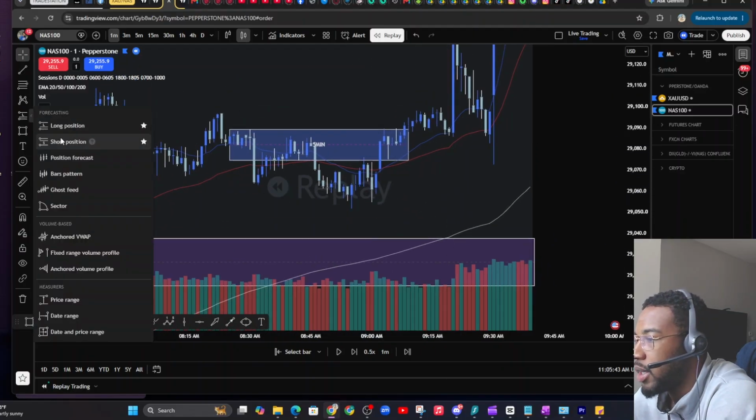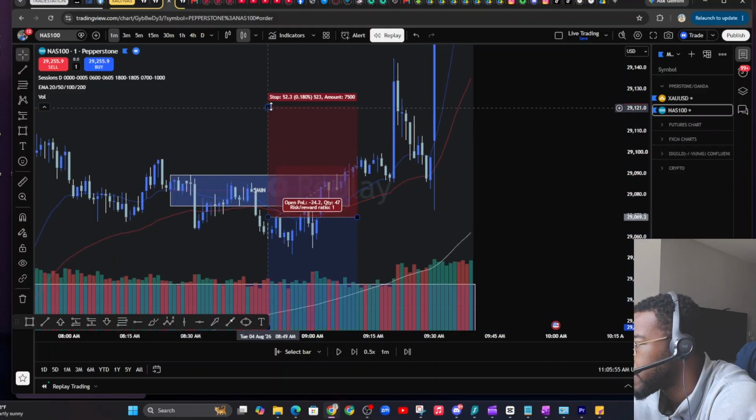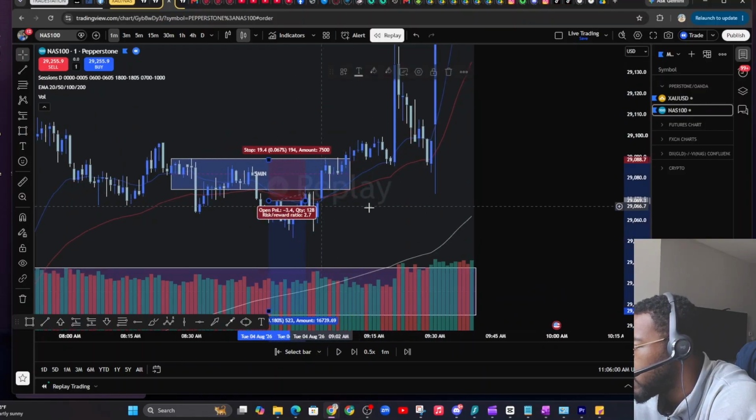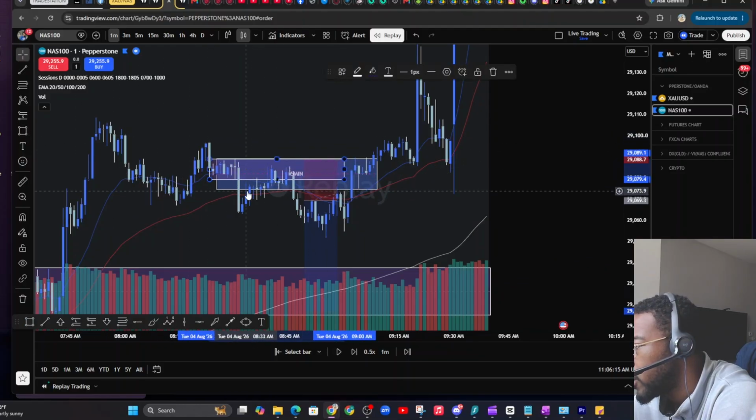So I was able to get into, let me see exactly what time I was in. I think I was in at 8:50. So I probably entered right around here, because what made me think that this was a good idea is that we saw price making these lower lows, breaking below this level of structure, coming back up into this sell zone on the 1 minute, and then we aggressively push price down, right?